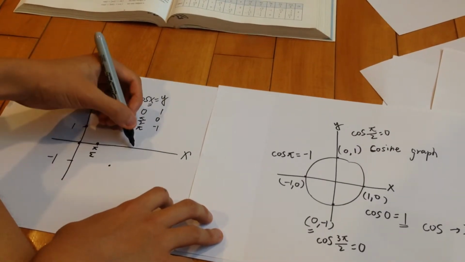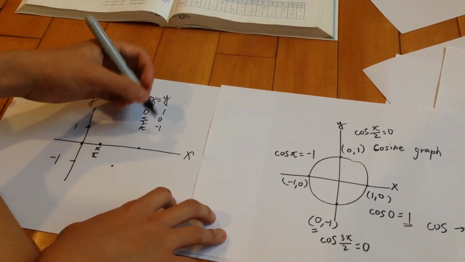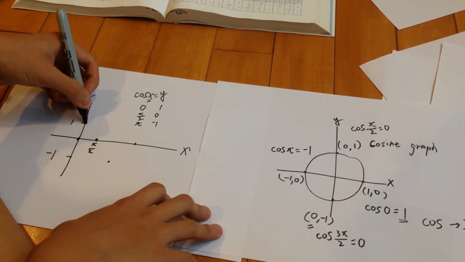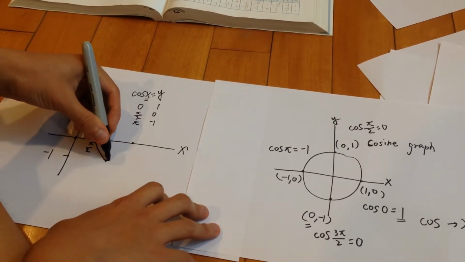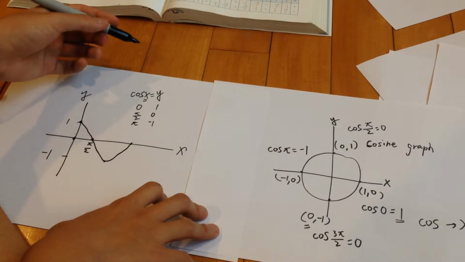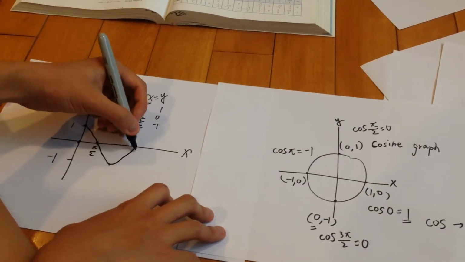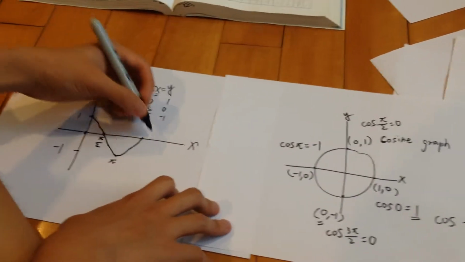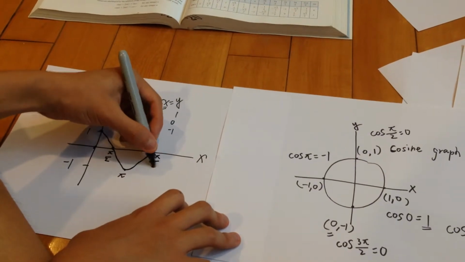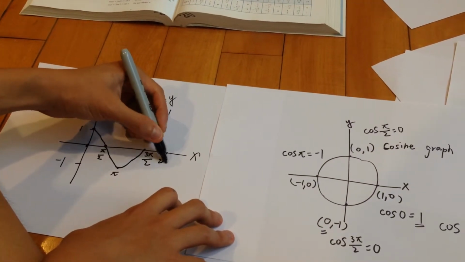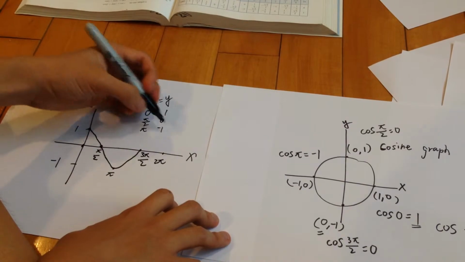And 3 pi over 2 will be 0. So if you graph this, it will be like that. Now we have pi here, we have 3 pi over 2, and we have 2 pi. So 2 pi will go back to 1.